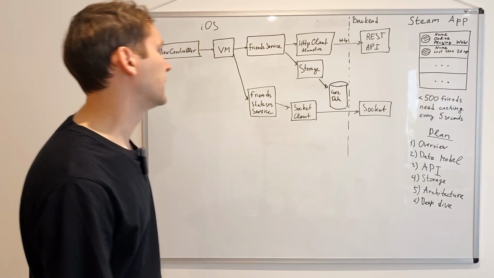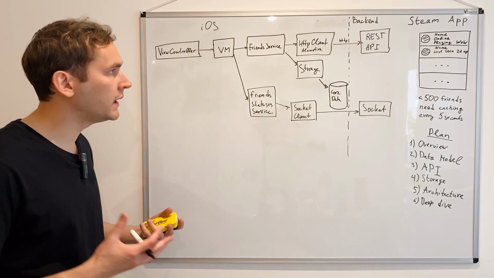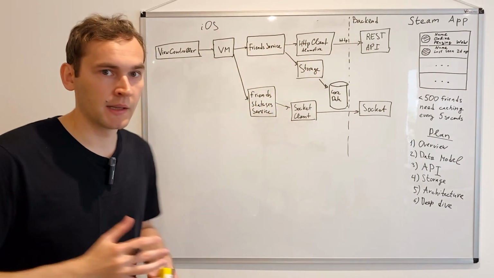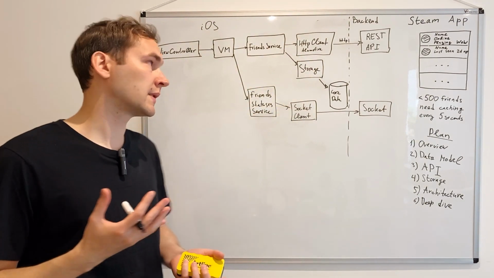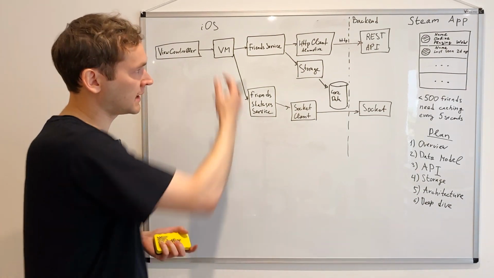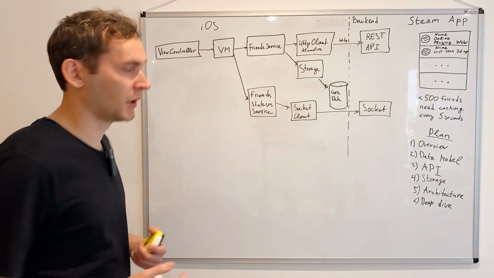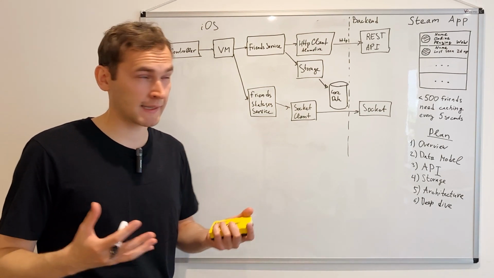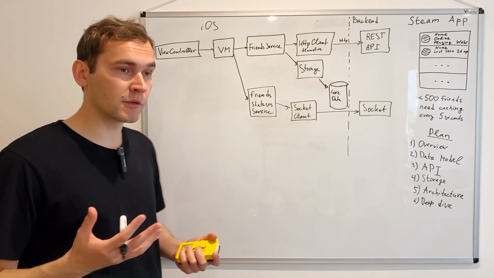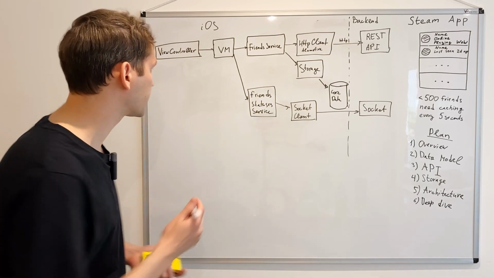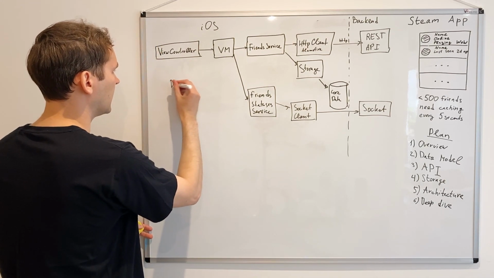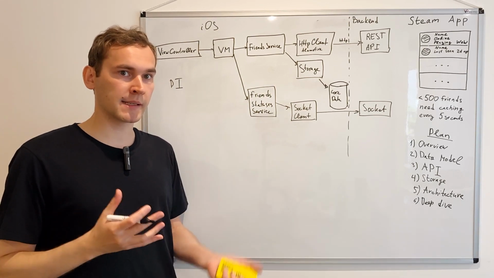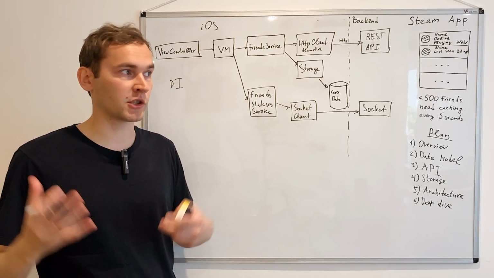What else? The interesting question is how we build up this dependency graph in the iOS app. So we have two possible solutions here. The first one is to use singletons for everything, which is obviously not the best solution because our code would be messy. The other solution is to use dependency injection. So I will write here DI, dependency injection, and we can do it ourselves, or we have a lot of dependency injection containers.